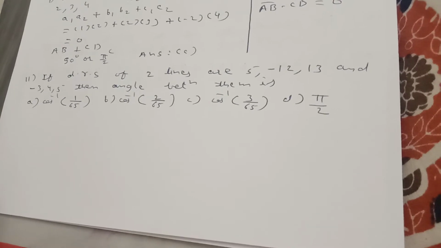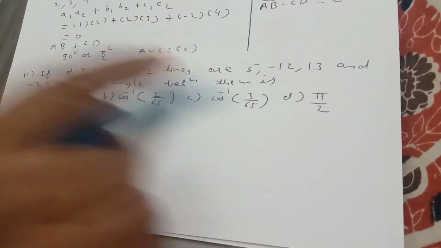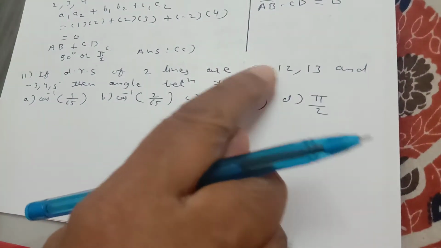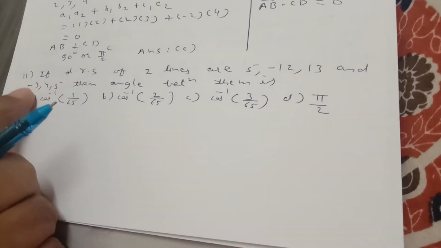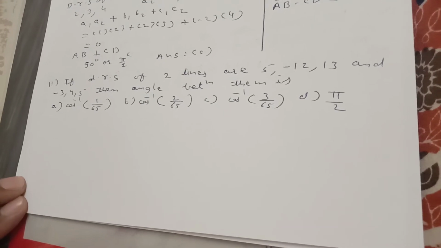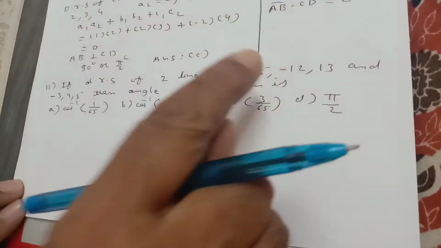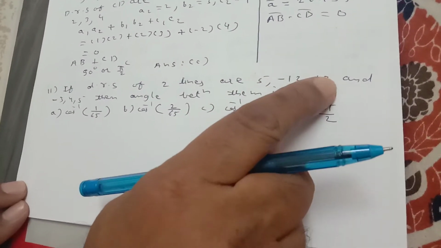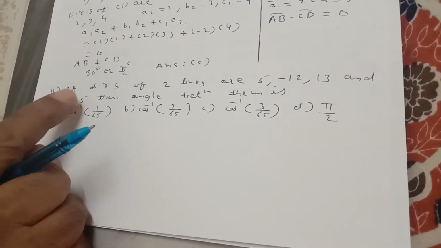Next example. Direction ratios of two lines are given. 5, minus 12, 13, and minus 3, 4, 5. We have to find the angle between the two lines. Suppose these are values of A1, B1, C1 and A2, B2, C2.